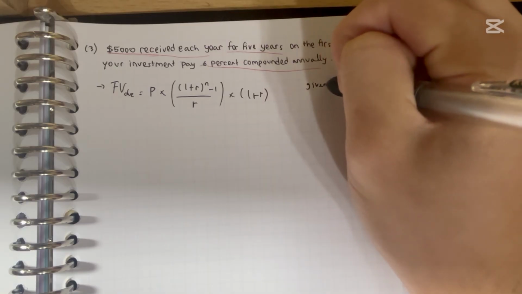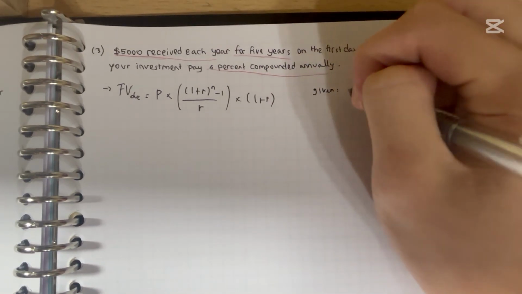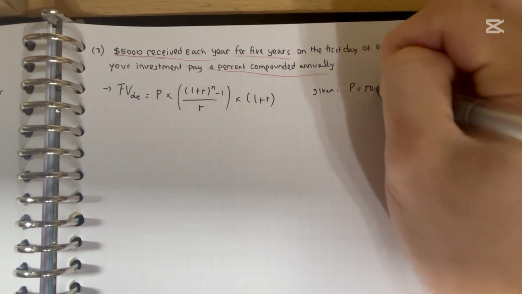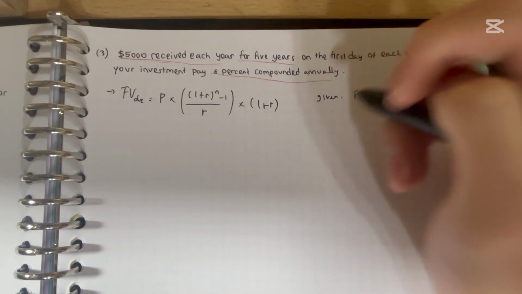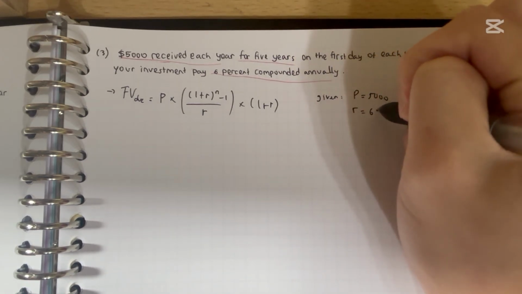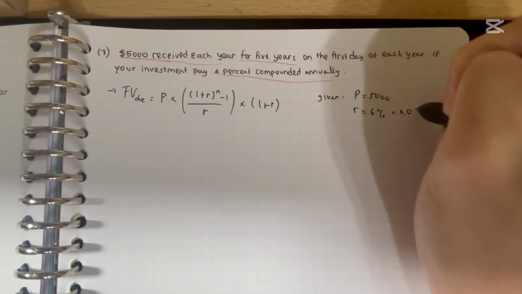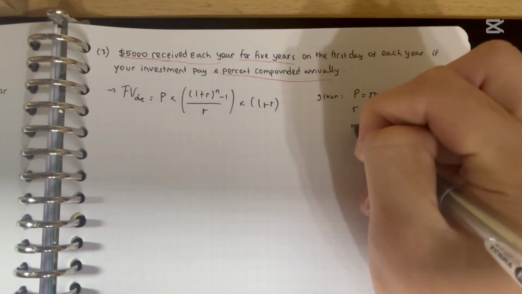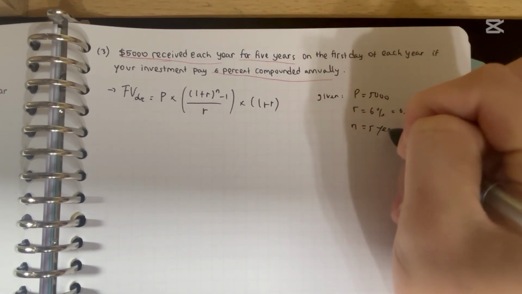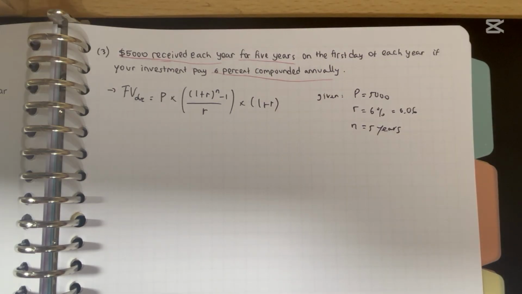So from this question we know that the annual payment is 5,000, the annual interest rate is 6% or 0.06, and it is 5 years. Then we will substitute the values.